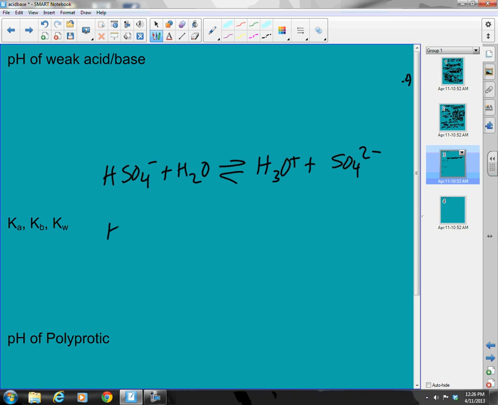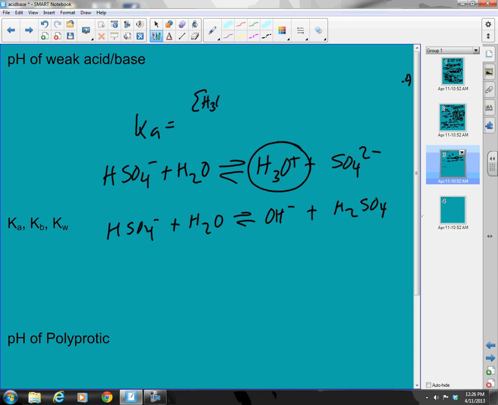Now, the reason I'm showing this is because I want you to make sure you understand the definition of Ka and Kb. For me to have a Ka, I must create hydronium. So my Ka here is equal to the concentration of hydronium times the concentration of sulfate over the concentration of hydrogen sulfate.